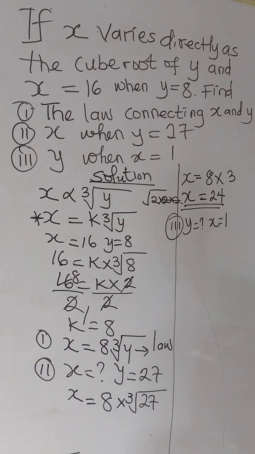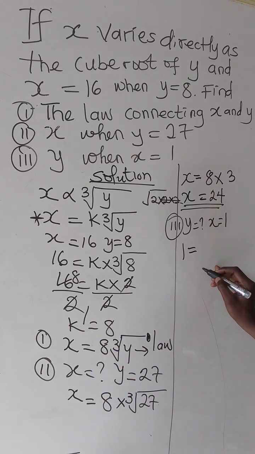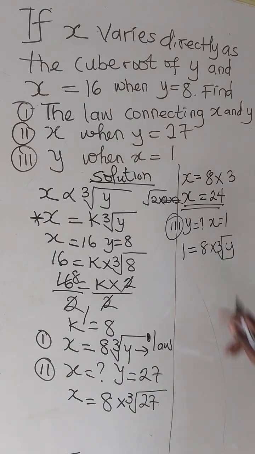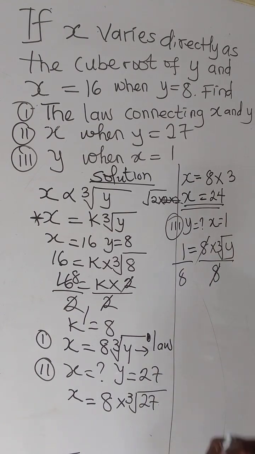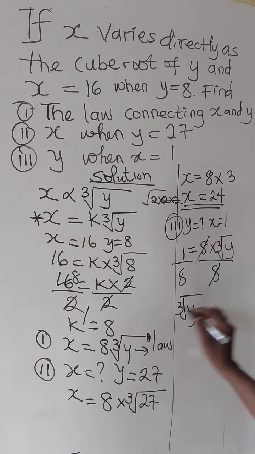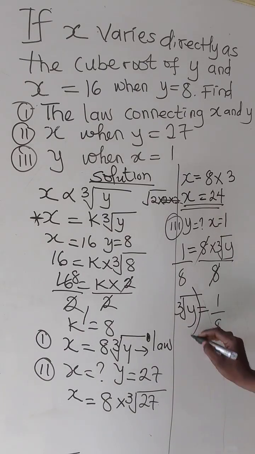Question 3 says that we should find y when x is 1. So we are coming back to the law here. Our x is 1 equals 8 times the cube root of y. To get this we divide by 8 over 8. So 8 cancels 8. So from here we can now say that the cube root of y equals 1 over 8. To get our y, what do we do?